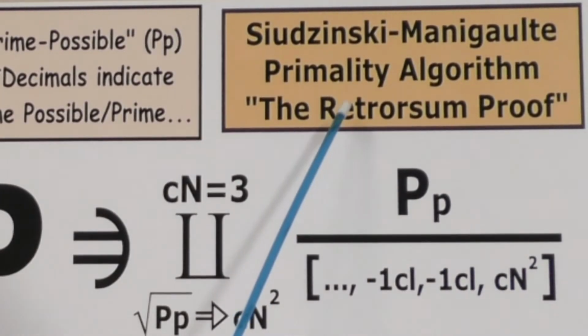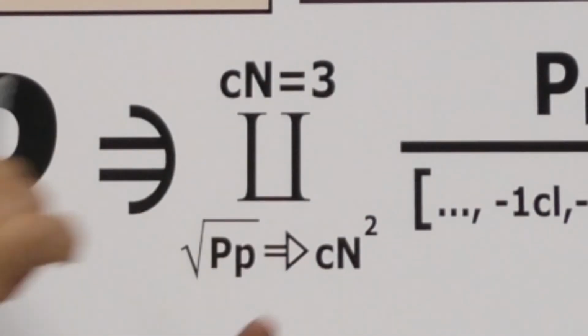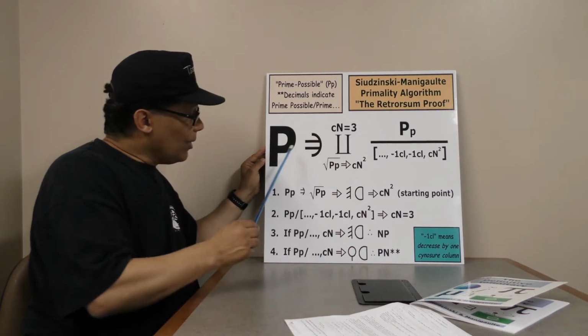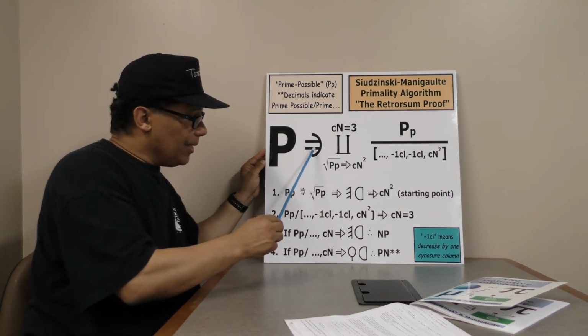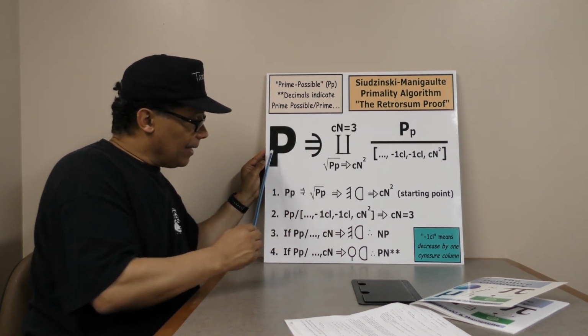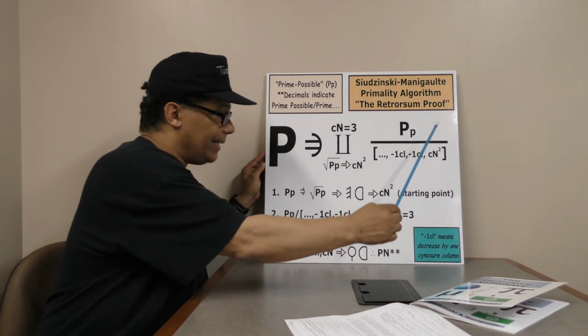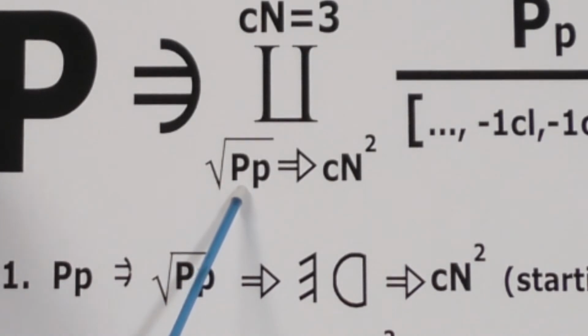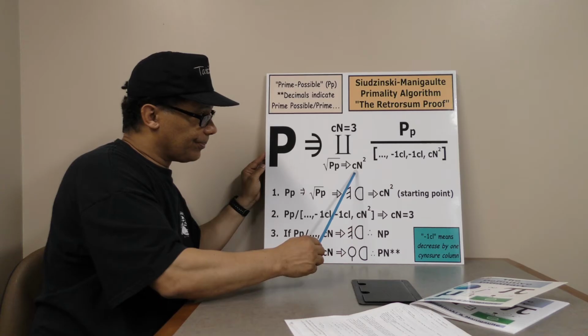Here we have the retrorsum proof. Retrorsum in Latin means in reverse. So how does this work? Well, we would like to locate a prime number. We derive whether it's a prime number or not from this process here. We start with the prime possible, we take its square root, and we determine a cynosure square.